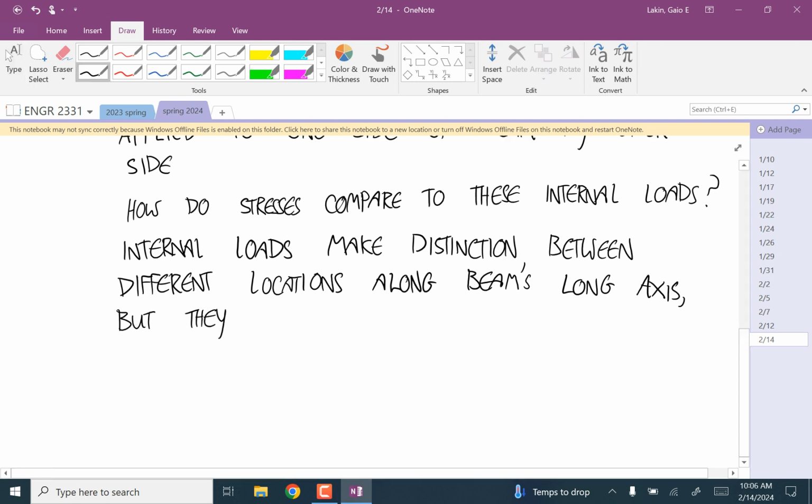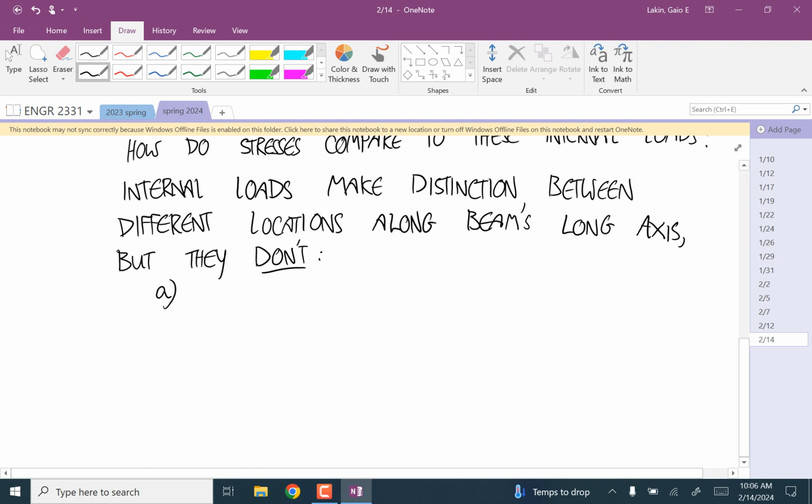But here's what they don't do. They don't take into account changes in the geometry of the beam.